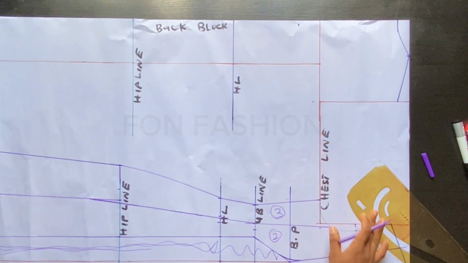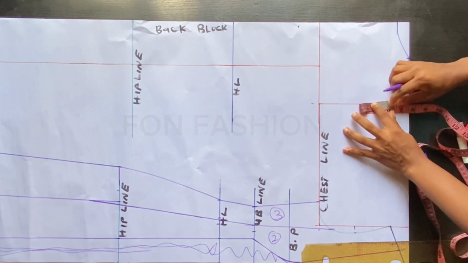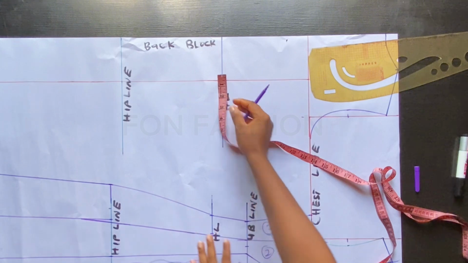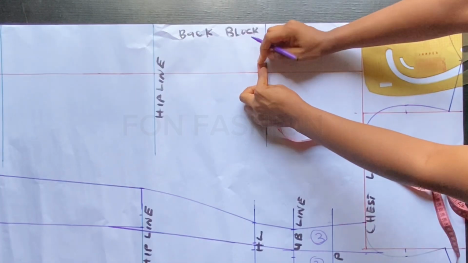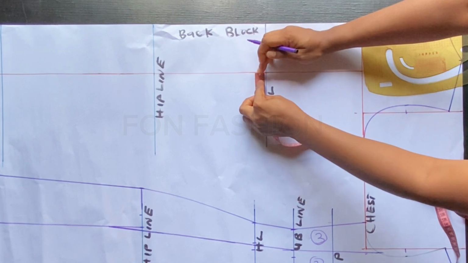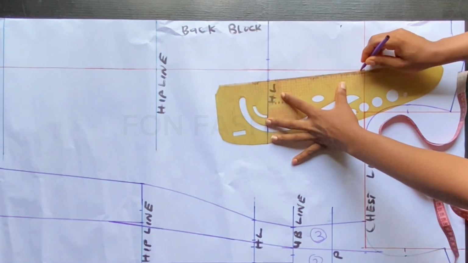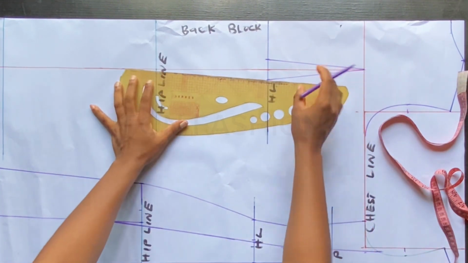Let's draft the back block. Mark my armhole curve. I'll come to the waistline and take my dart intake. So I'm taking 0.75 on each side of this dart, and I'll connect to the chest line. I'll take this dart down to the hip line.